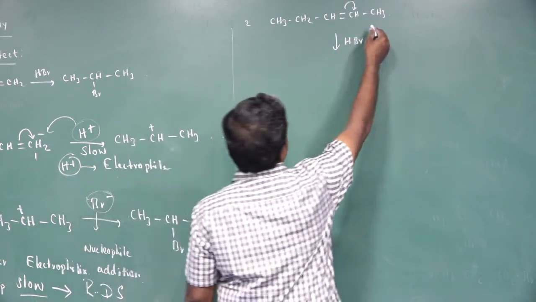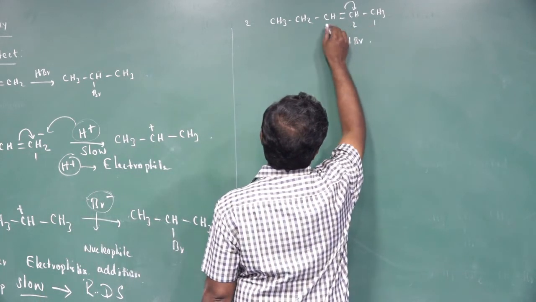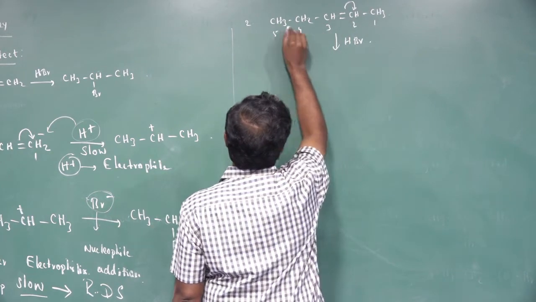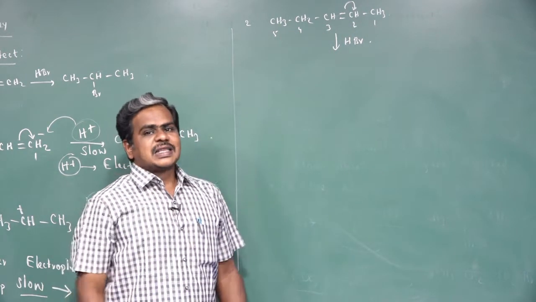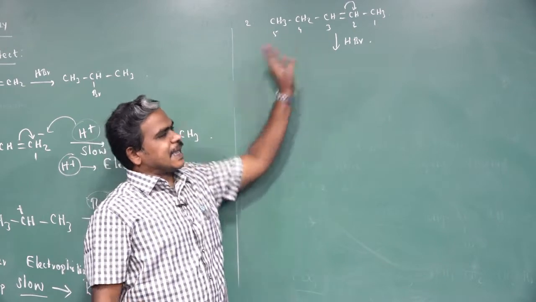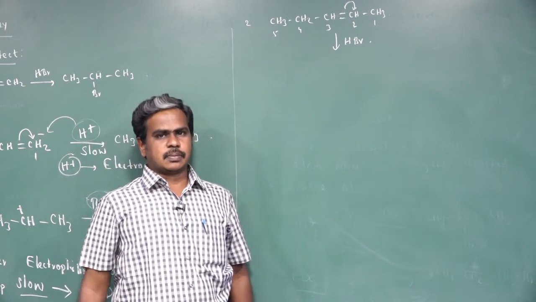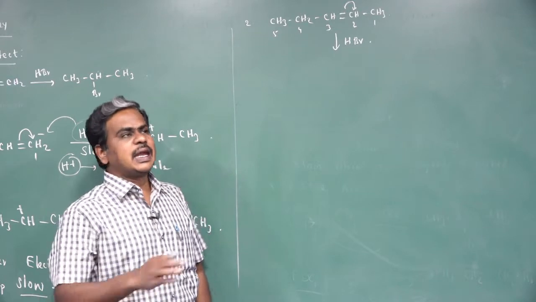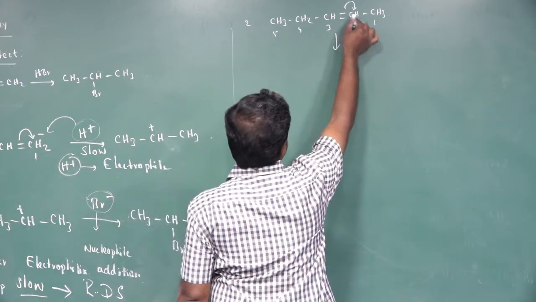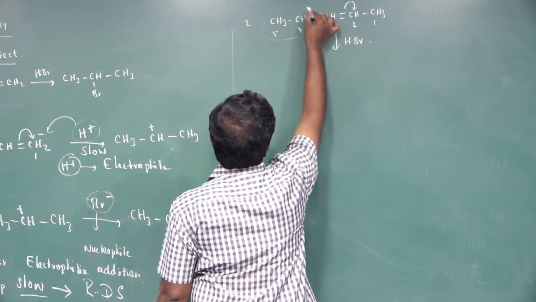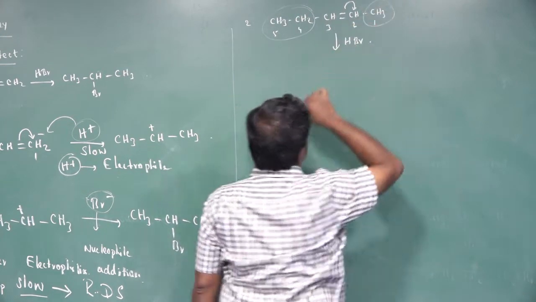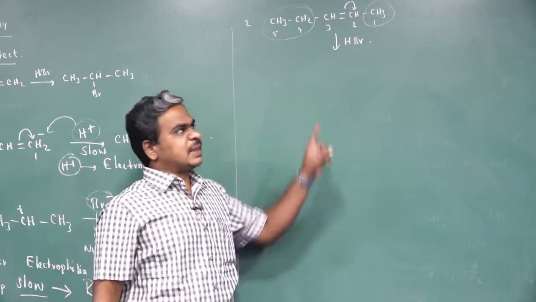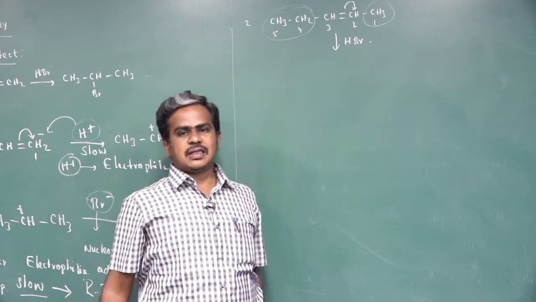Suppose we are taking the numbers 1, 2, 3, 4, 5. Now, the H plus is going to attack the second carbon or the third carbon. How will you determine? It is determined by the inductive effect. On either side of the double bond, there are two groups: one is a methyl and the other is an ethyl group.